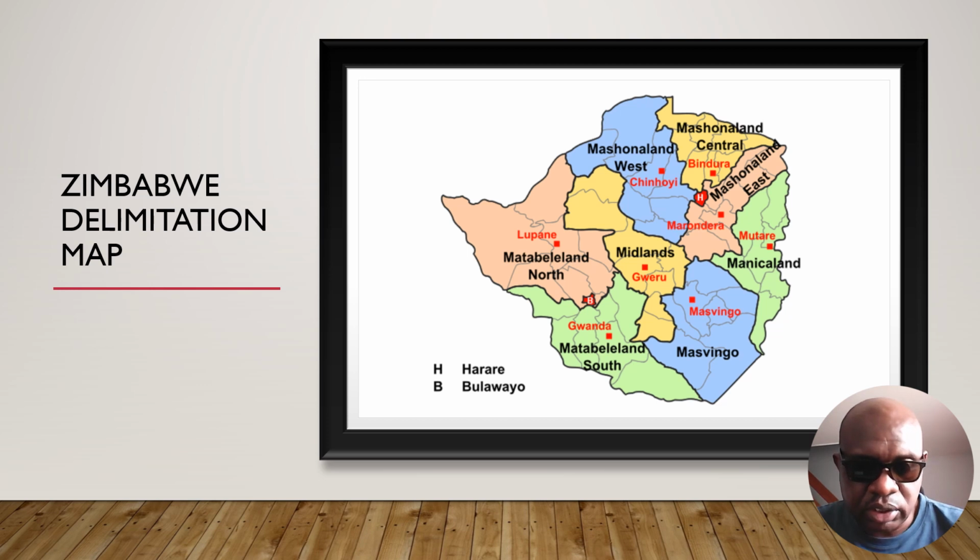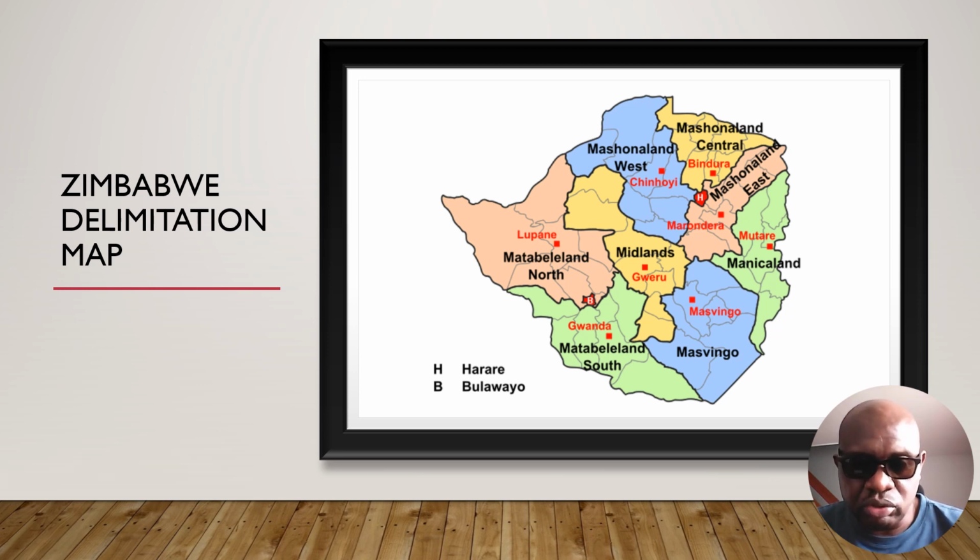It stretches from this part of Gokwe area going down into the middle part, which constitutes Kwekwe, Gweru, and then the southern part, which consists of your Chirumanzi, Shurugwi, and so on.